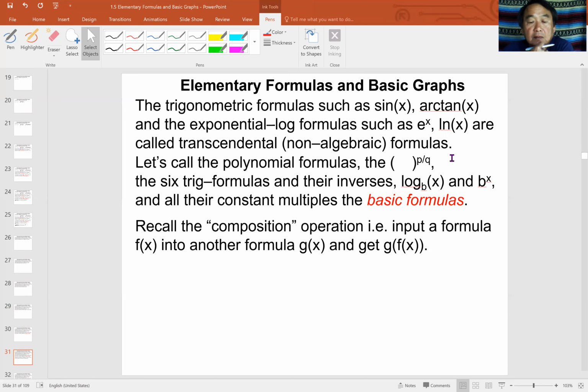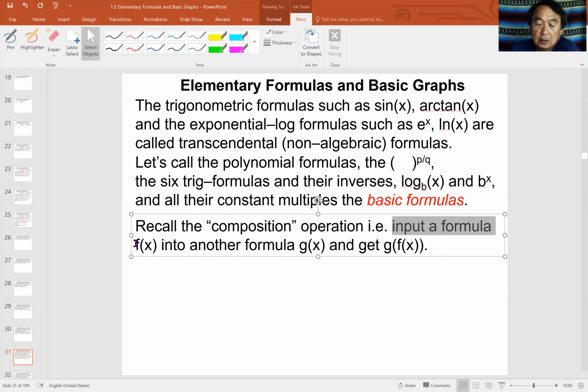How do we make complicated formulas? Basically, we make them by what we call compositions. That is, we input a formula into another formula.